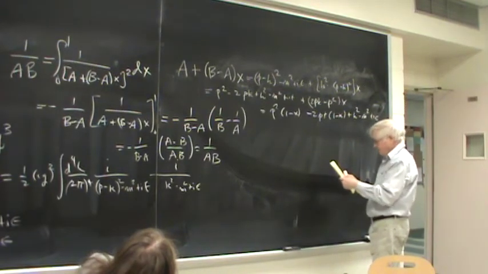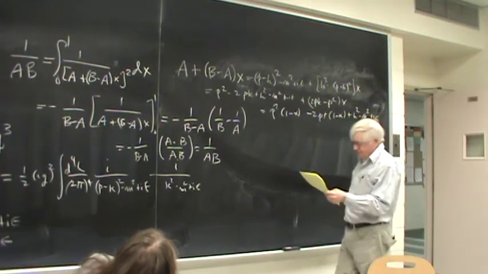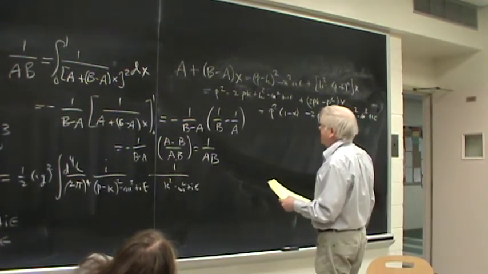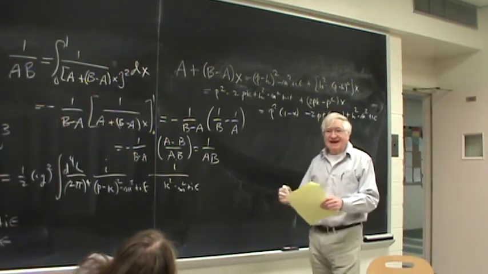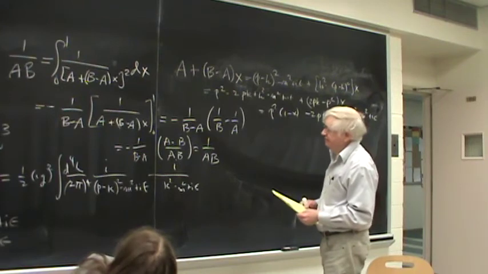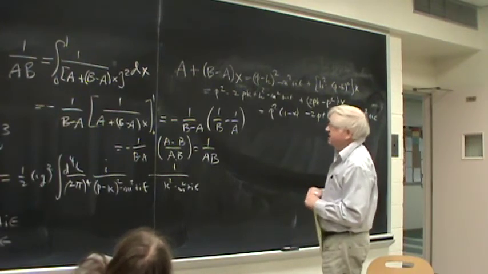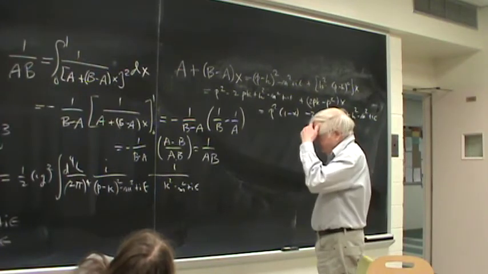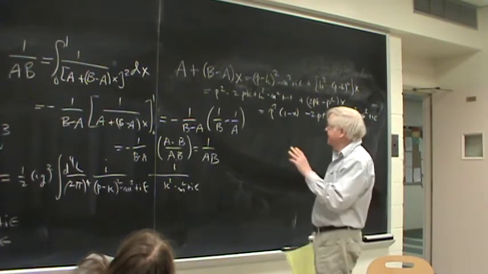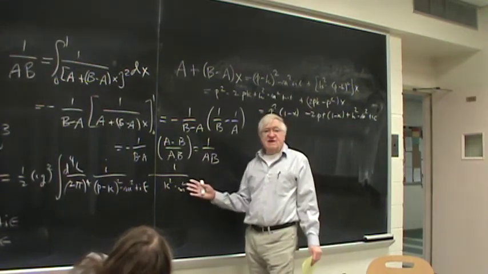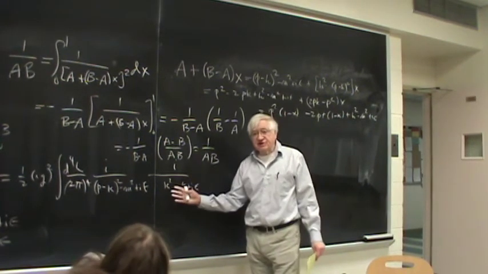What we want to do is shift k. Actually, I should say that the right way to do this is not to shift k now. The right way to do this is first make this a finite integral, then shift k.